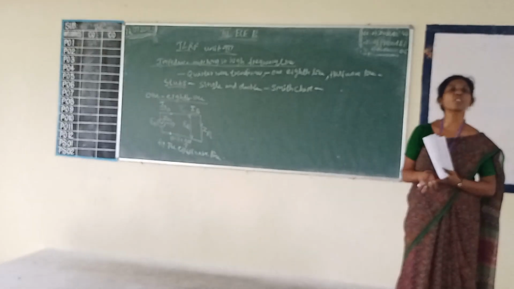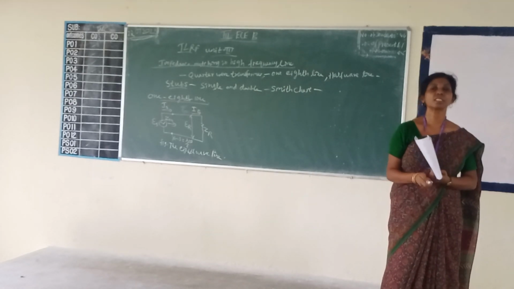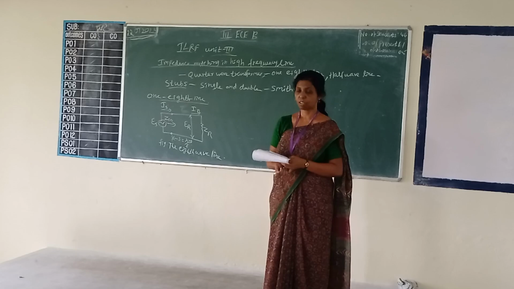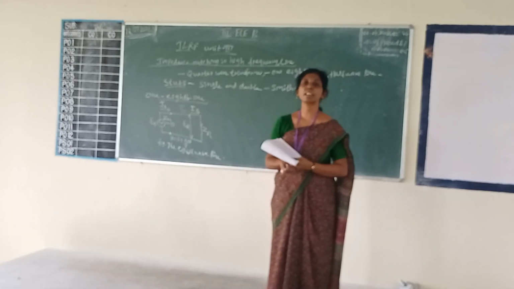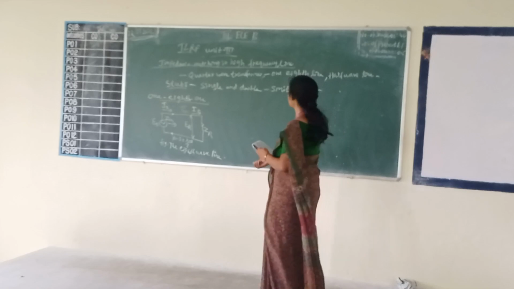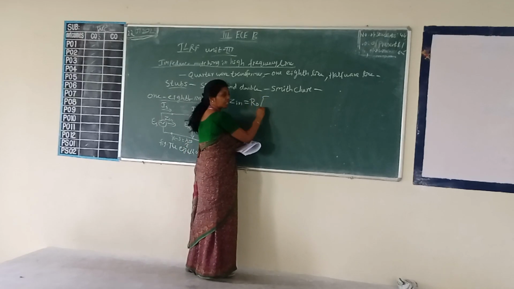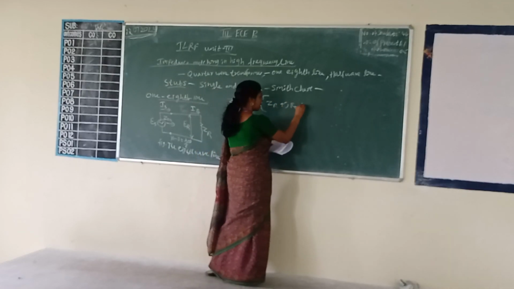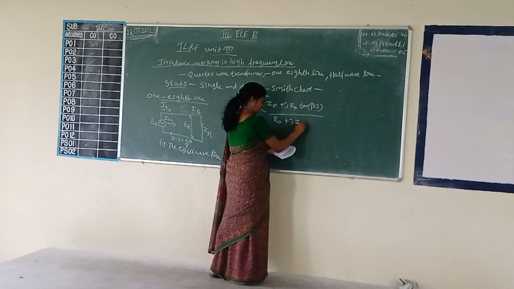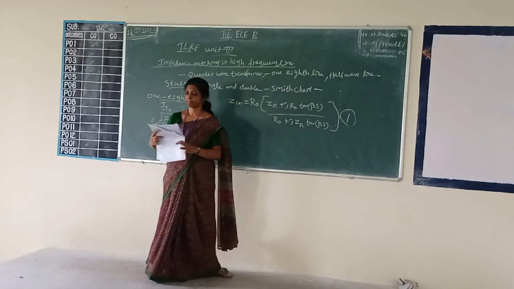What is the generalized expression for the input impedance for the high frequency line? From the second unit, the generalized expression for the input impedance is given by Zin equals R naught Zr plus j R naught tan beta S by R naught plus j Zr tan beta S. Right?